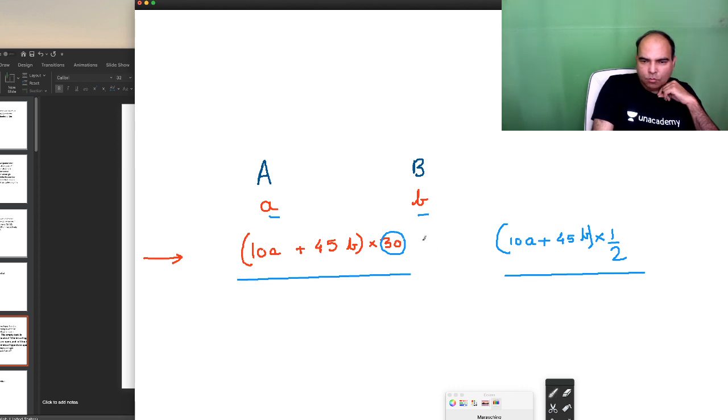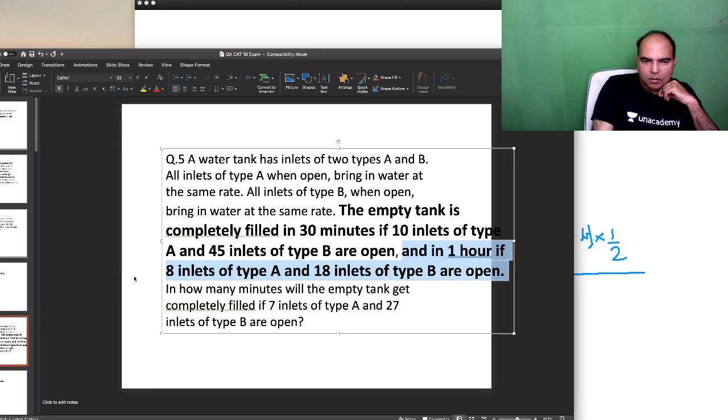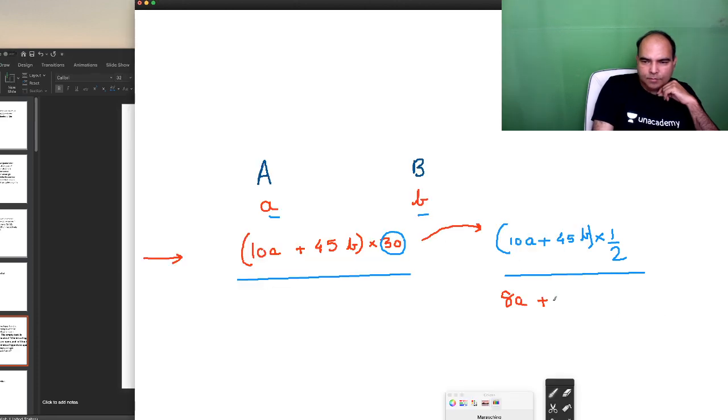और ये conversion तुम automatically पहले point में नहीं किए तो इस point पे कर लेना चाहिए कि 8A plus 18B into 1. Because basically the logic here is that this also fills the tank and this also fills the tank.